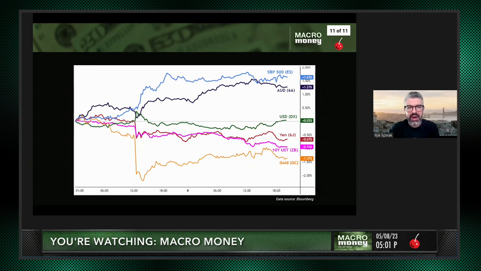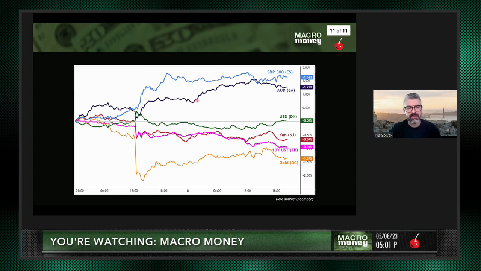Consider what we saw on Friday with that NFP report that actually turned out a bit more positive. What was the response? Risk was up. Aussie dollar was up. So S&P higher. This is that jobs report right here. S&P up.